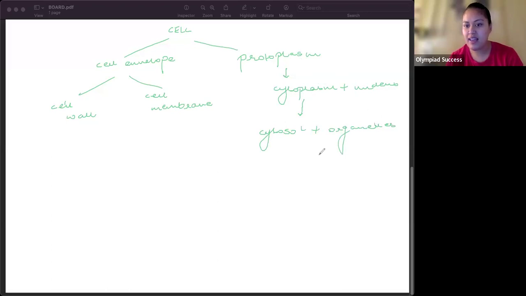These organelles will include mitochondria, Golgi bodies, endoplasmic reticulum, ribosomes, plastids if we are talking about plants. So many such organelles are present, which we'll discuss in detail.